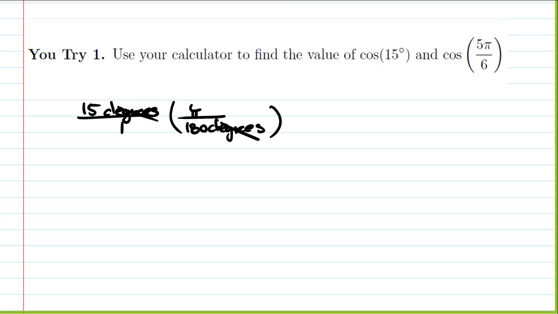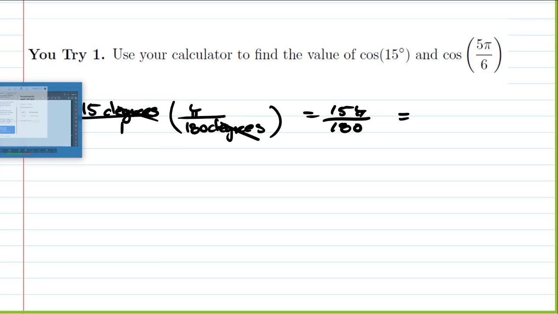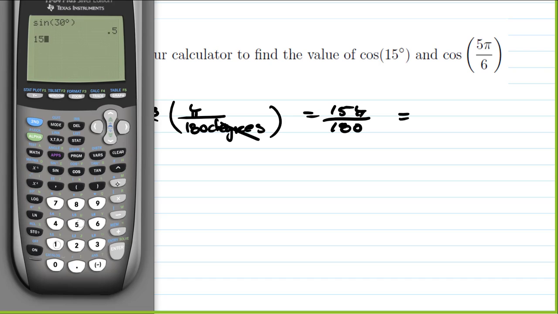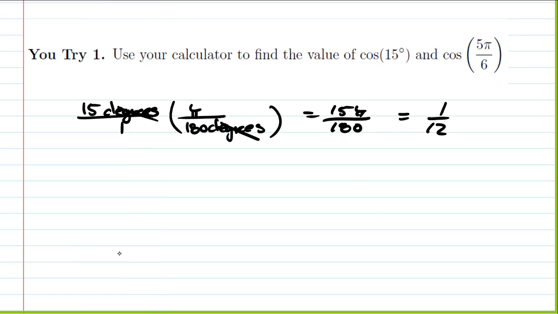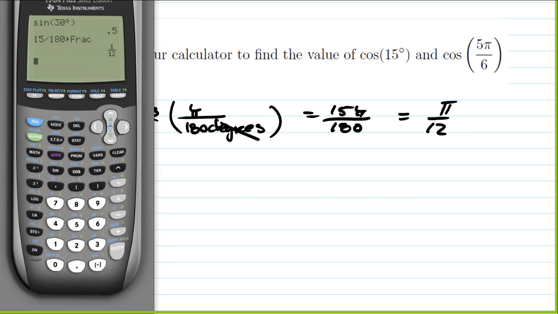Our degrees reduce out, and that gives us 15 pi over 180. 15 goes into 180 twelve times, so 15 degrees would be pi over 12 radians, if you were interested.